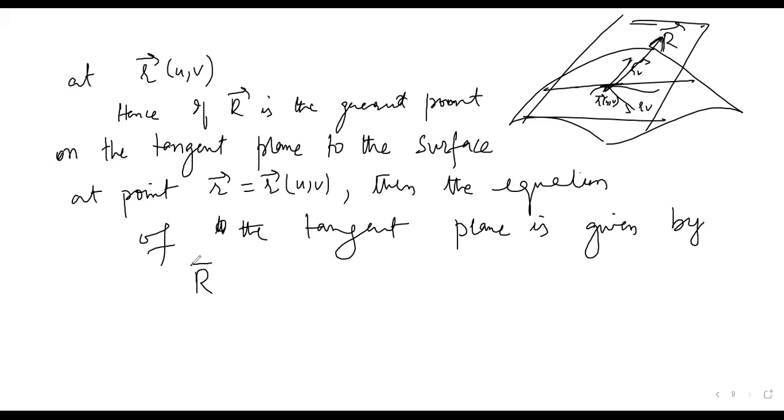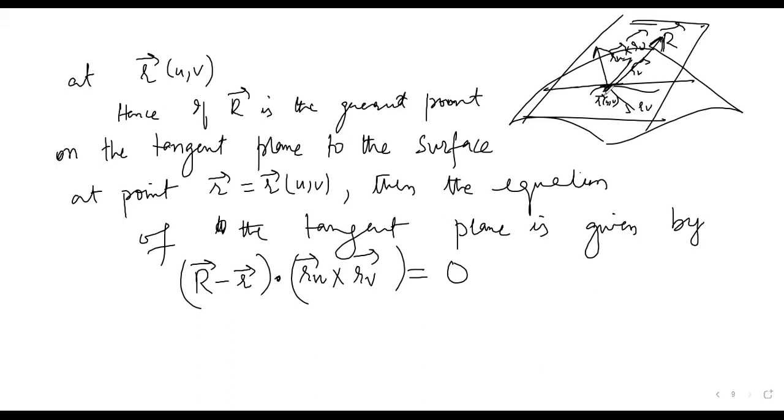this R minus this small r dot product with ru cross rv equal to 0. That is because this is the tangent plane, generated by ru and rv. So this vector ru cross rv would be perpendicular to every vector in this plane, and R minus r is any vector on this plane.